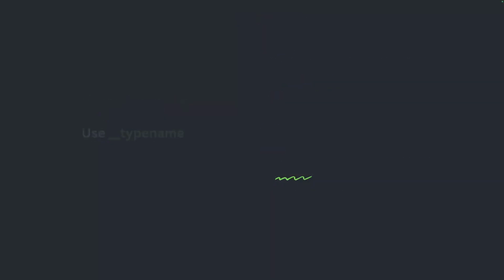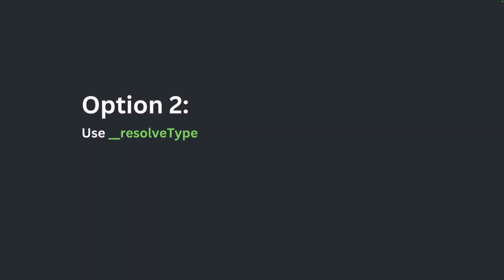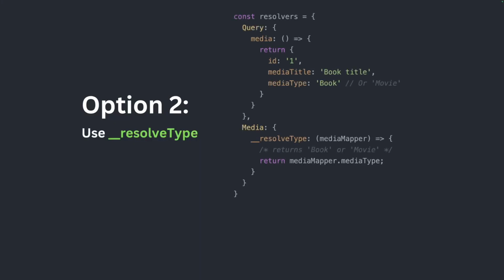Let's look at option 2, using the interface resolveType meta resolver. The purpose of this resolver is to return the name of the implementing type. In this example, our media query is returning a mapper with a mediaType being book or movie.